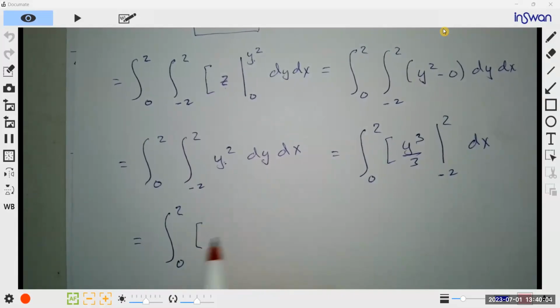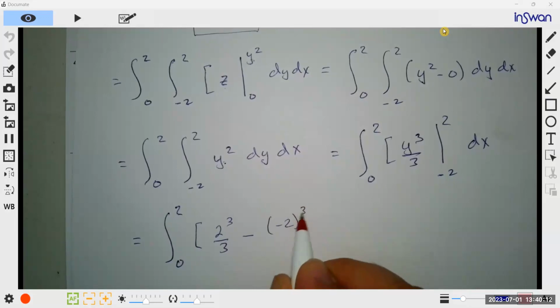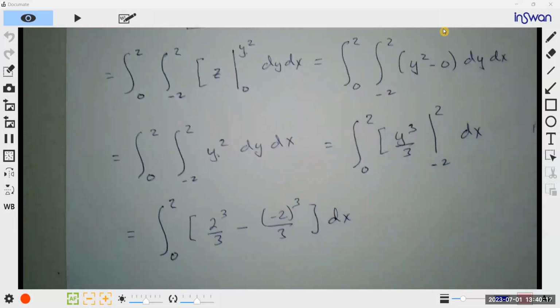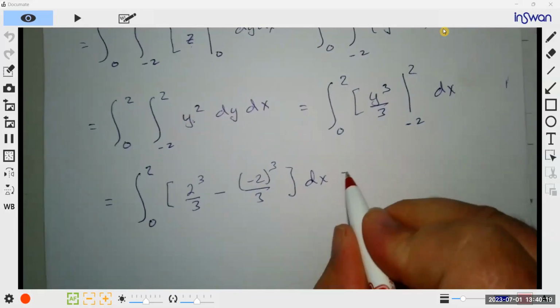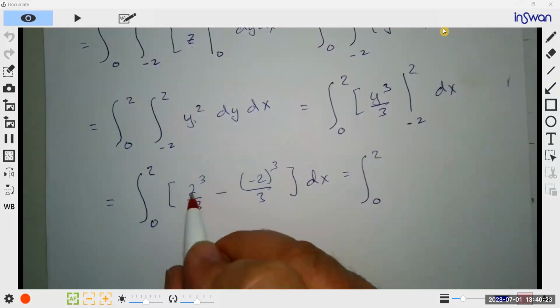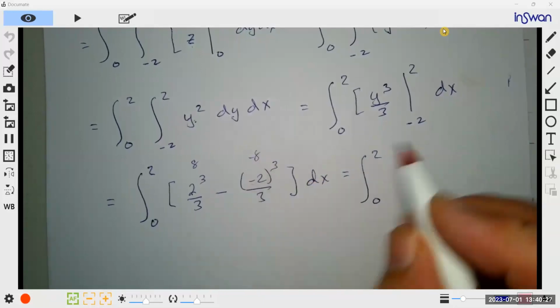So that's going to be 2 cubed over 3 minus -2 cubed over 3. So 2 cubed is 8, -2 cubed is -8.